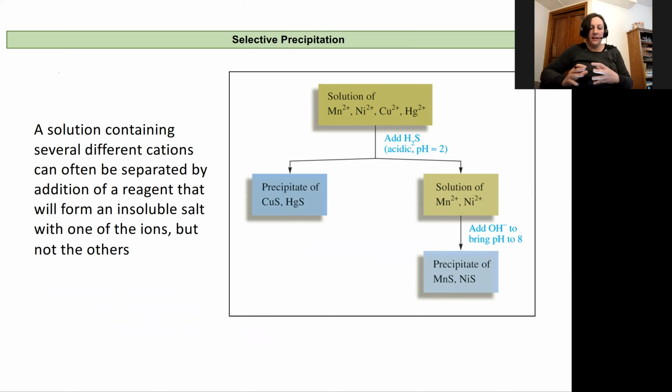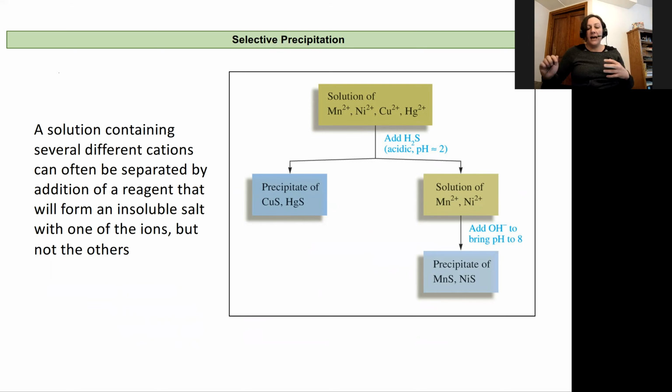So this is an example of a solution that contains a lot of things: magnesium ions, nickel ions, copper ions, and mercury ions. It's a lot. And we can actually separate these into two different solutions or precipitates, and we do it by having different conditions under which the precipitate forms.